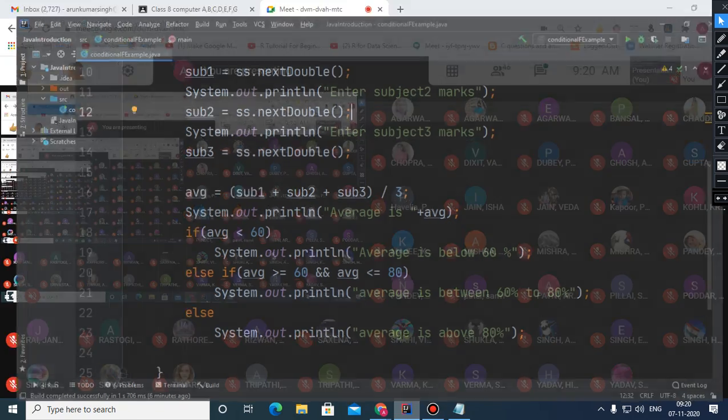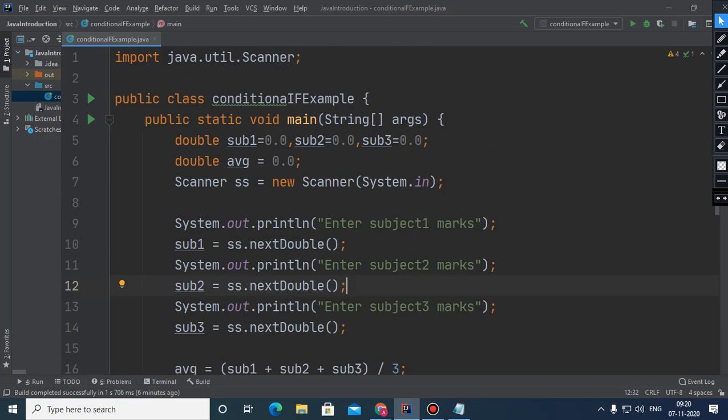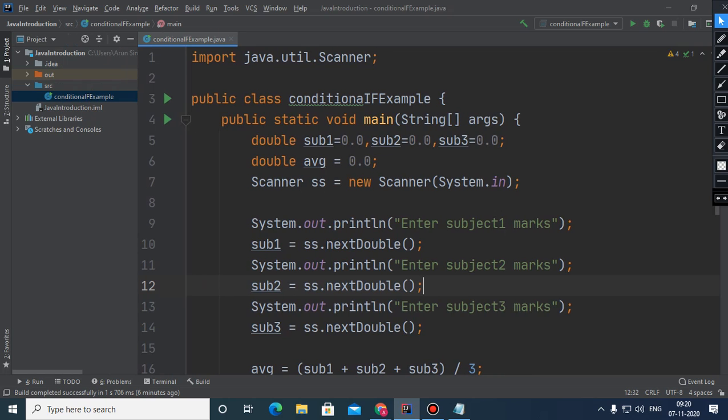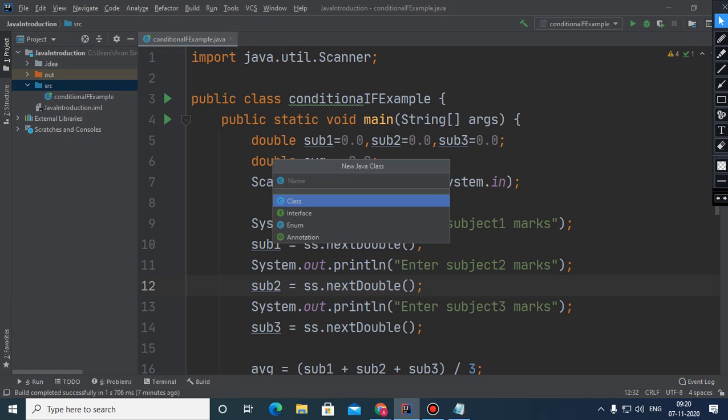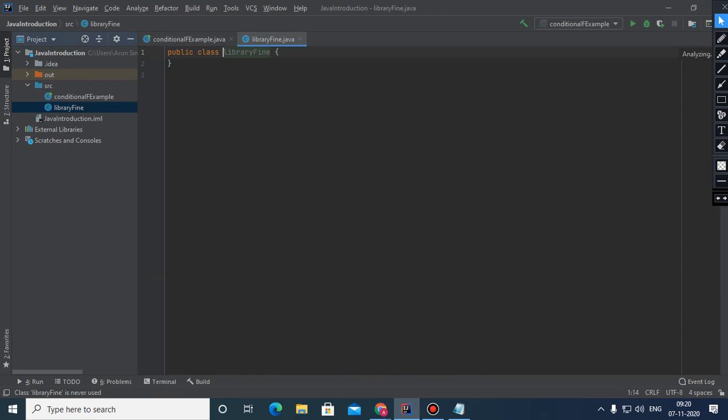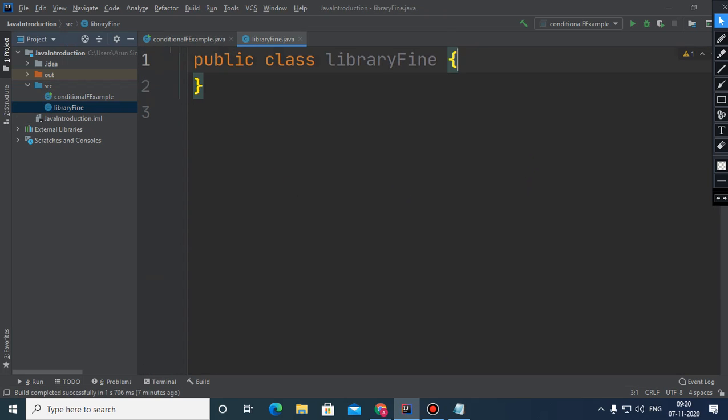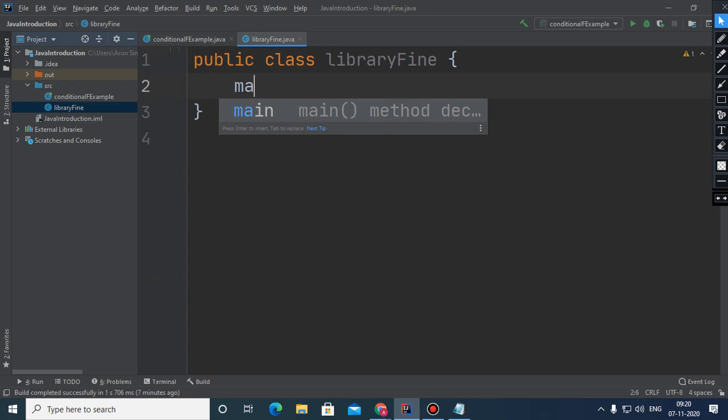And now what to do is, here I'm just going to make a class, and that is library fine, and it is the main method.